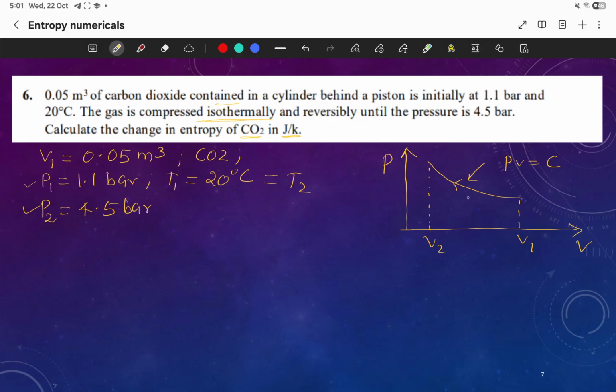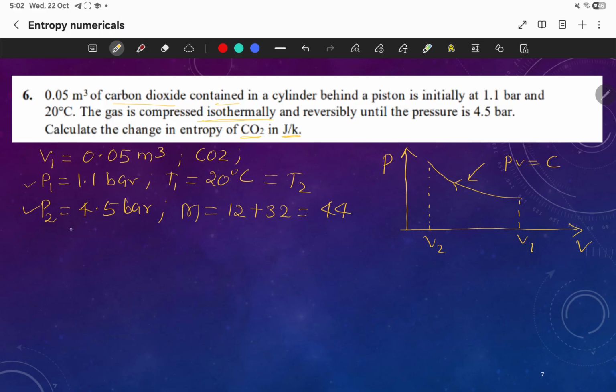So now let's see. Okay, and here we have carbon dioxide as a gas. In a previous question we had air as an ideal gas, but in this case we have CO2 as an ideal gas. So in case of CO2, what is the molecular weight? CO2, carbon is 12, oxygen is 32, so it will be 44.